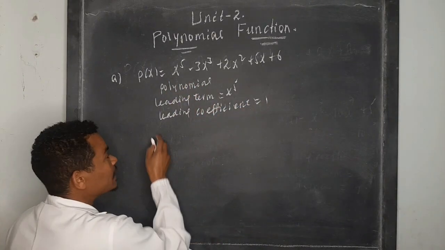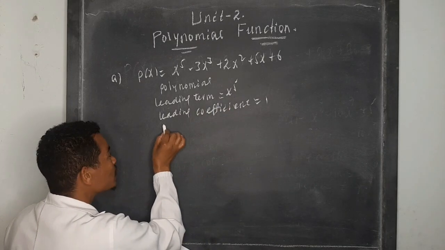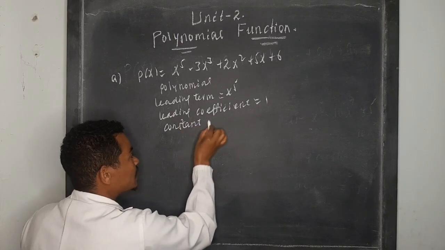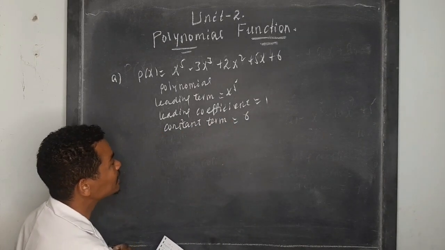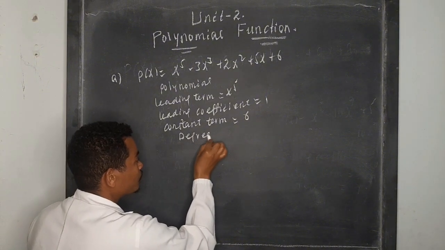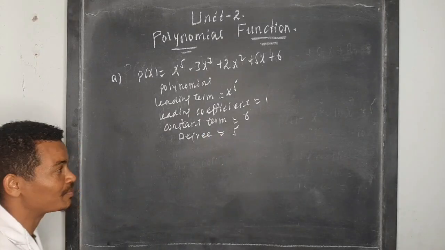The constant term is 6. The degree is the highest exponent, which is 5.